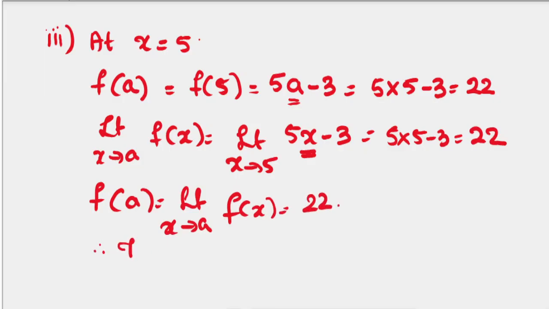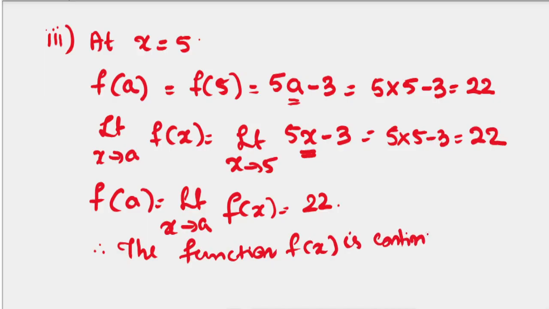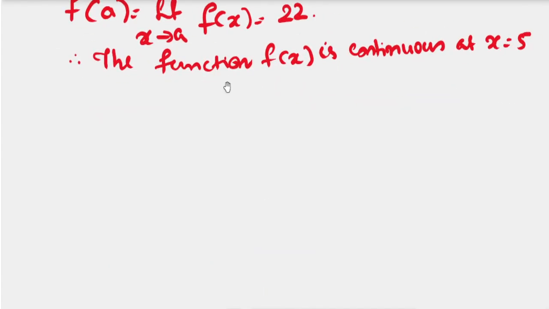Therefore, the function f of x is continuous at x equals 5. Okay, so here we have to check if limit x tends to a f of x equals f of a, and here a is the point where the continuity is to be found. Okay, so this is the first question.